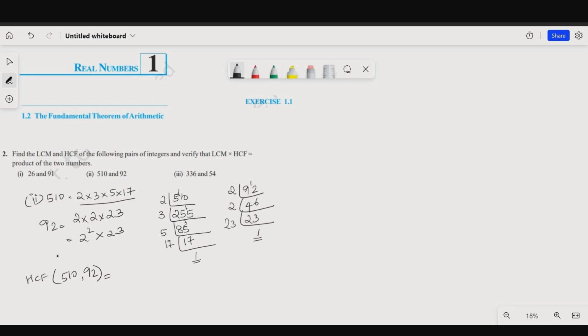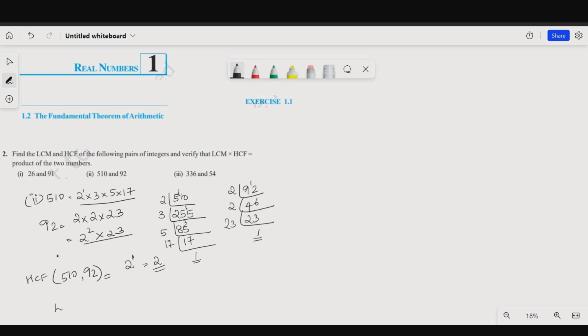From these two, we can see 2 is the only common prime factor. Okay, and let's see what is the smallest power. Here it is 2 raised to 1 and here it is 2 raised to 2. So the smallest power of this prime factor is 1. So we can write the HCF is 2.